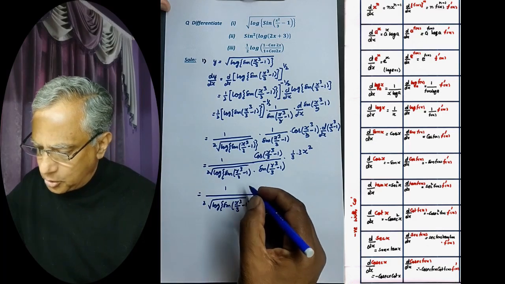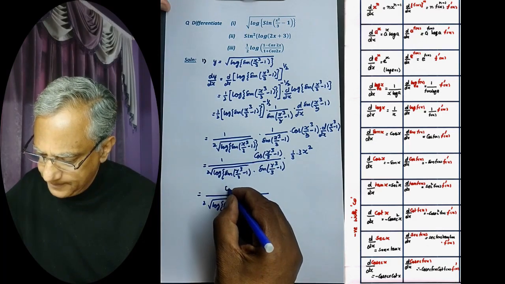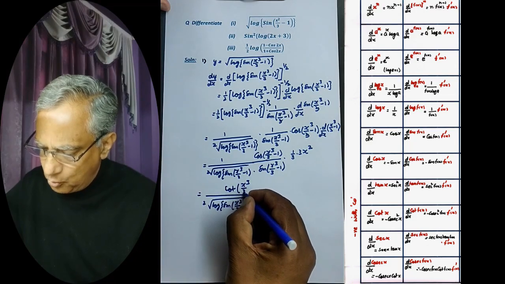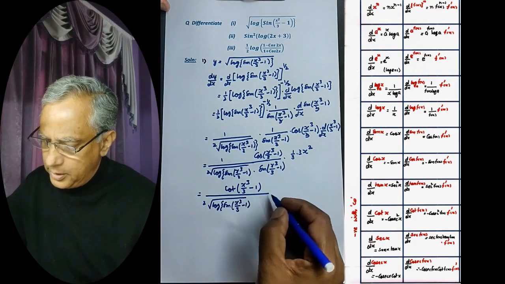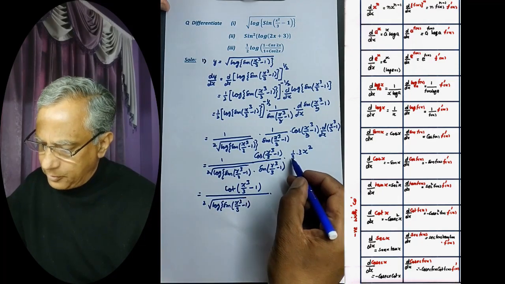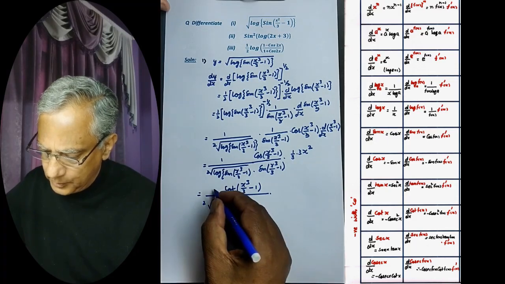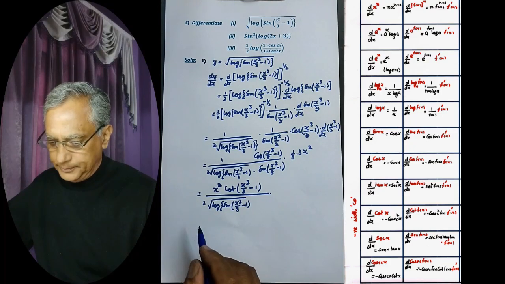Now cos over sine is cotangent. So we can write here cotangent of (x cube by 3 minus 1) into, these two cancel and we are left with x square. So we can write x square here. So this is the answer.